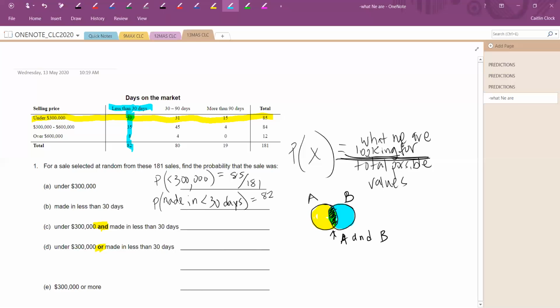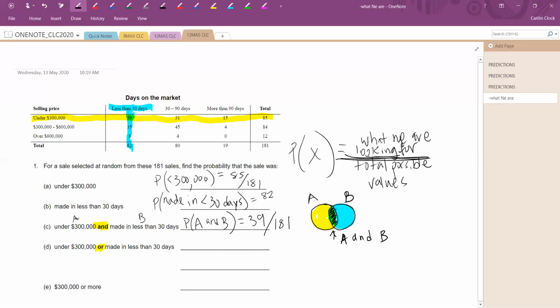Well, it's that 39. So the probability of A and B is going to be 39, and we're still talking about everything, so it's out of 181.